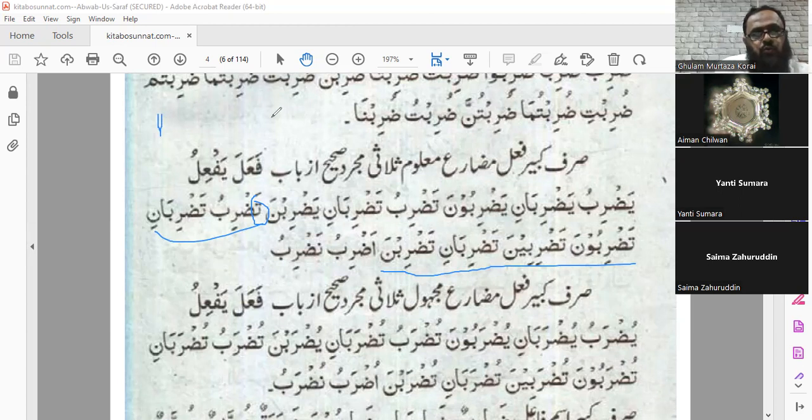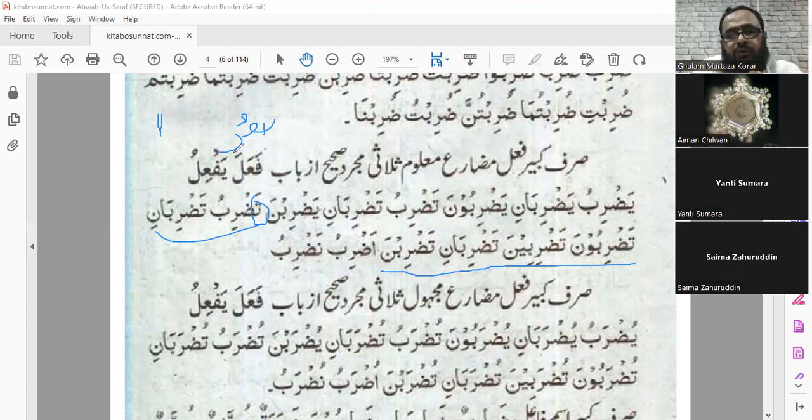Tansuru starts with Ta, and there is also Noon, and there is Zamma on Kalimatul Ain. What is Kalimatul Ain in Tansuru? Swad. Very good. Now on Swad there is Zamma, right? And Zaraba Yazribu, on Kalimatul Ain, that is Ra, and there is Kasra.